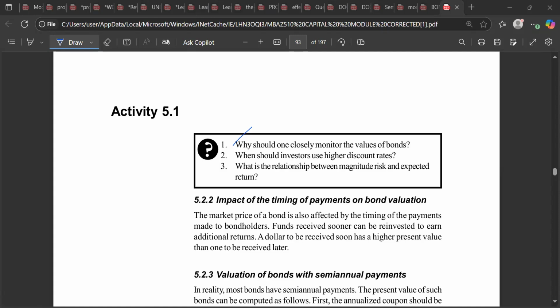It means that the higher the magnitude, the size of the risk, the higher the expected return an investor demands. Why is that the case? This is because of the risk-return trade-off principle, where you assume that investors are generally risk averse. So they only accept a higher risk if they're offered a higher potential return as a way of compensating for this.